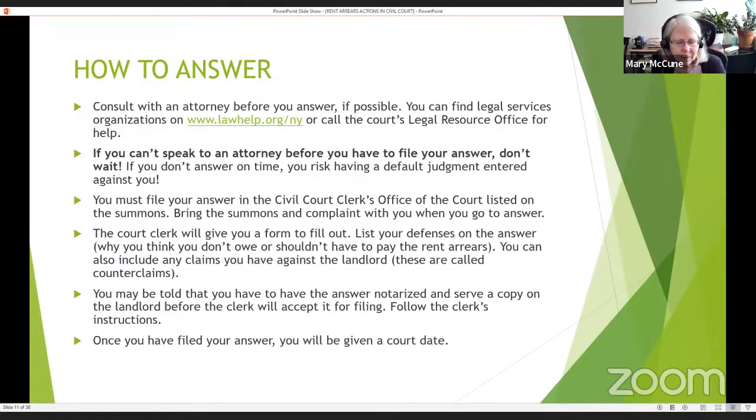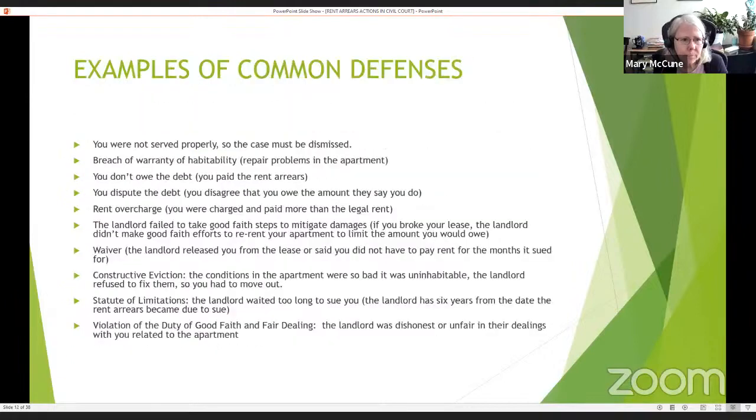So it can be a little frustrating. You may want to try and call the clerk's office if you have questions before you go down there, if it's inconvenient for you to go there, but it can be really hard to reach someone on the phone, unfortunately. Once you file your answer, you're going to be given a court date and they'll tell you what room you have to go to on the court date.